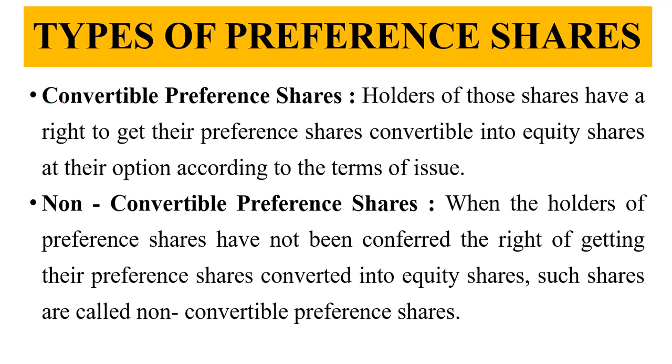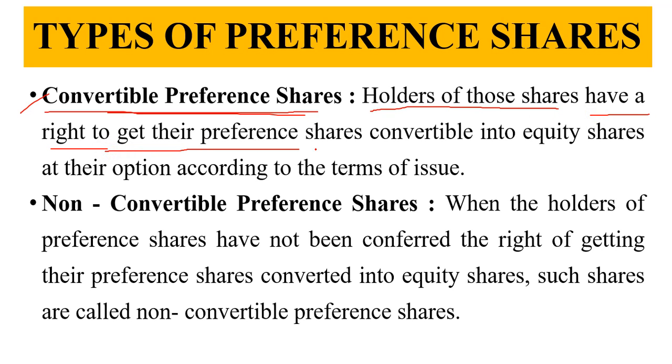The next preference share is convertible preference shares. What are these? Holders of convertible preference shares have the right to get their preference shares converted into equity shares at their option, according to the terms of issue.